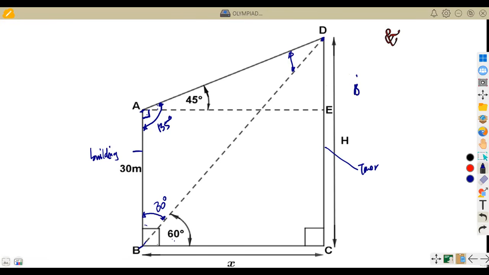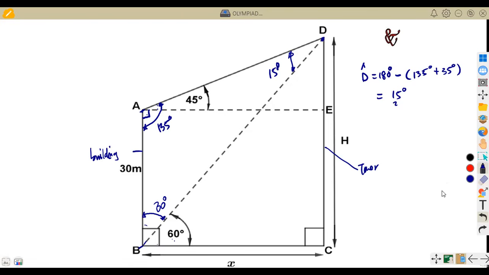So the angle at point D is equal to 180 degrees minus the sum of these two angles, 135 and 30 degrees. We've got 135 degrees plus 30 degrees, which is going to give us 15 degrees. So this is 15 degrees.